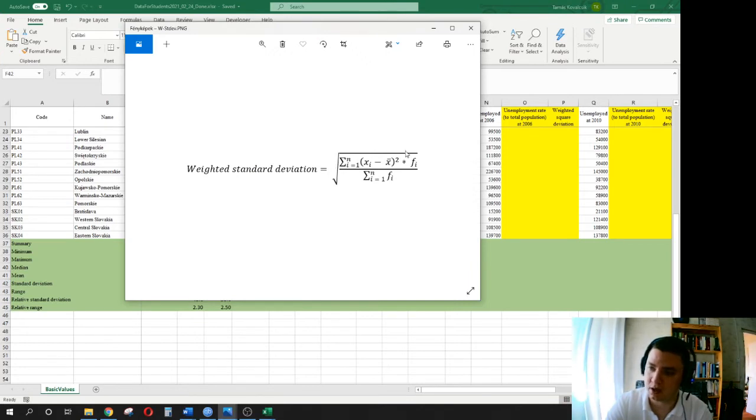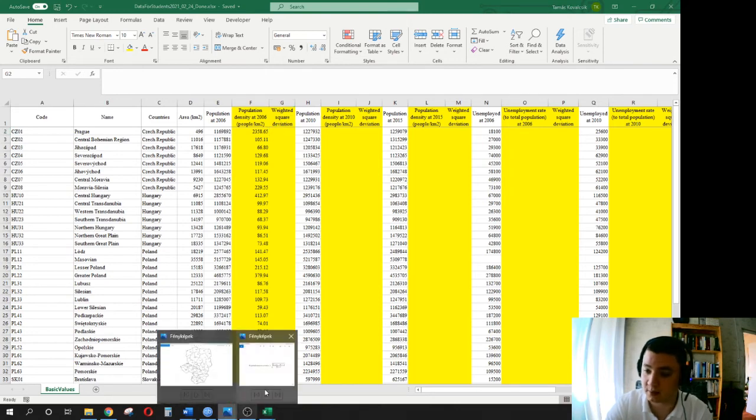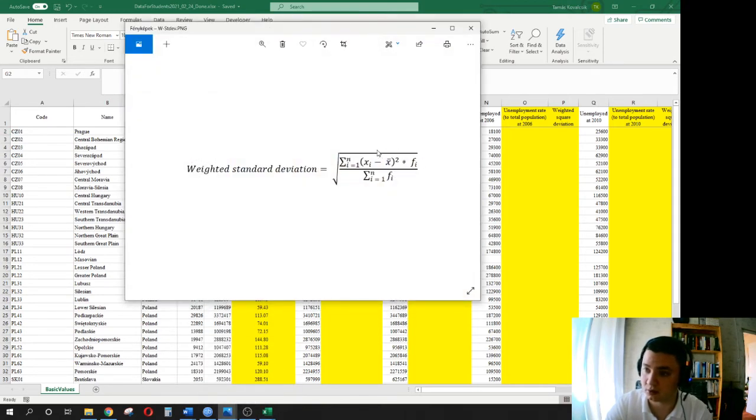So let's calculate the denominator in this formula. The weighted square deviation is the name of this denominator.